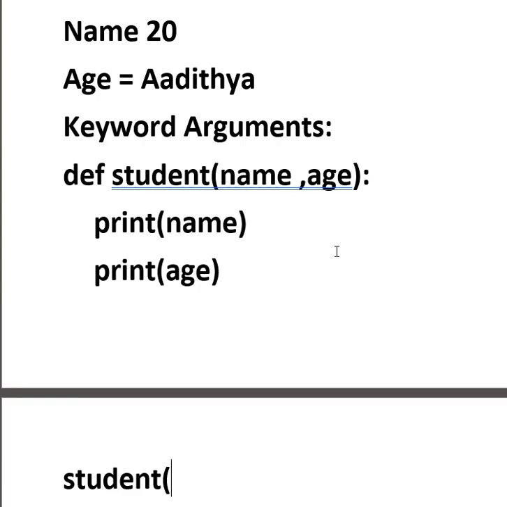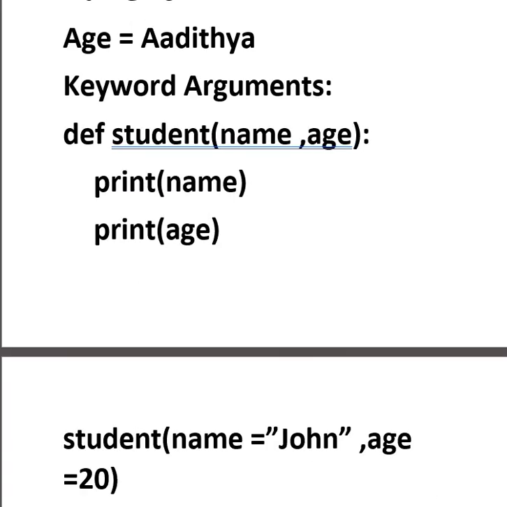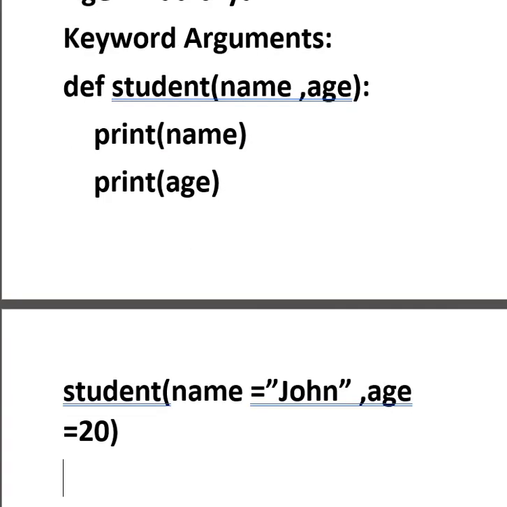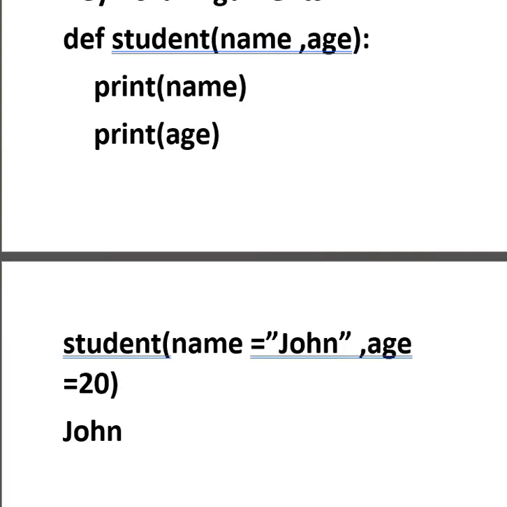In keyword argument, the parameter name also will be passed. Name is equal to John, comma, age is equal to 20. What will the output be? John, 20.